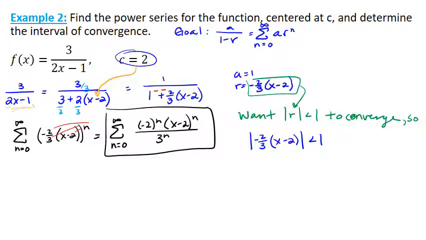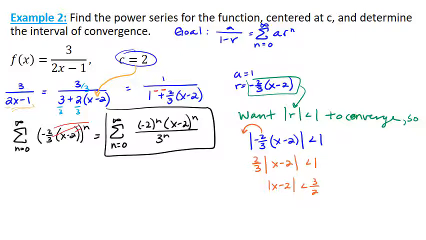Well, I can take this negative 2/3 out. So I have negative 2/3, I'm sorry, it's a positive 2/3 times the absolute value of x minus 2 is less than 1. I can multiply both sides by the reciprocal of 2/3, so I have the absolute value of x minus 2 is less than 3/2.